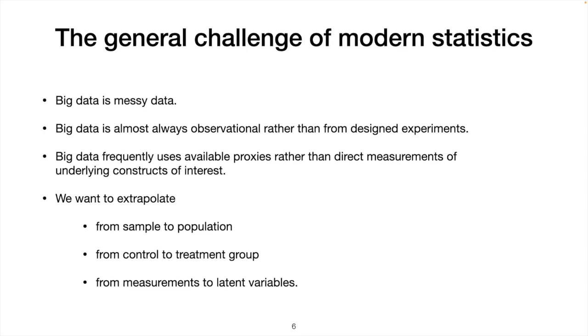And also, big data is almost always observational rather than designed experiments. So if you want to draw causal effects from the data, you have to care about how the data is generated. Are they observational, or are they randomized experiments? And also, big data frequently uses available proxies rather than direct measurement of the underlying construct of interest.